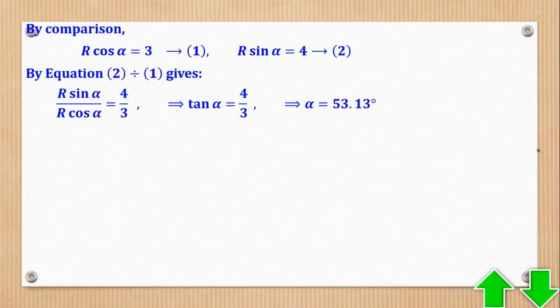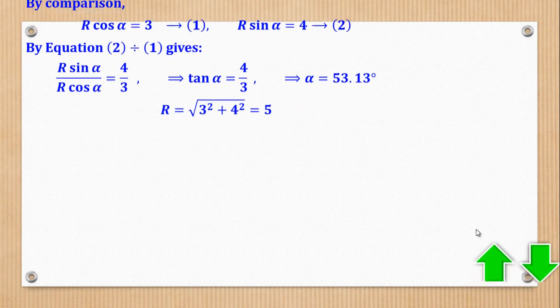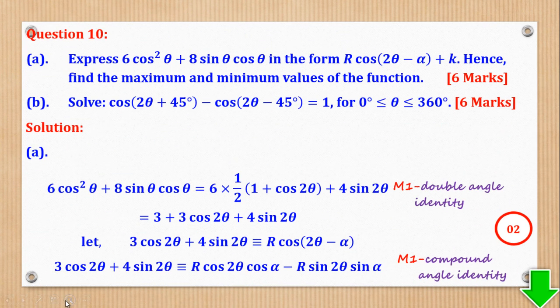Then I can divide the 2 to get the value of alpha. Answer to 3.13. Then get square root to get the value of r. So after getting r and alpha, I'll go back and remember. Now I can come back, replace r here and alpha here to get this.